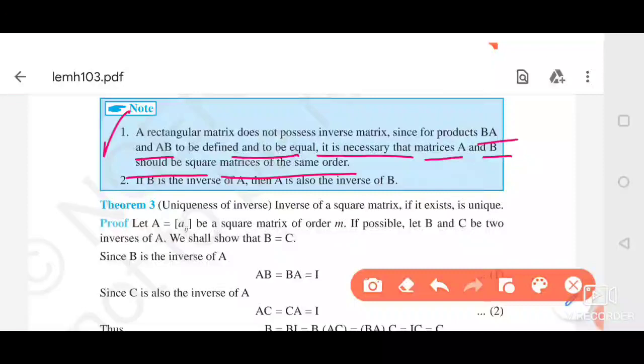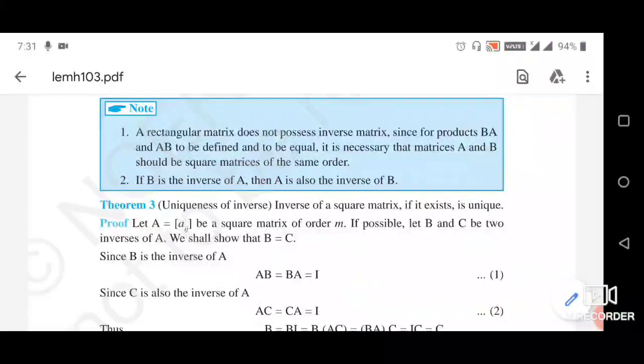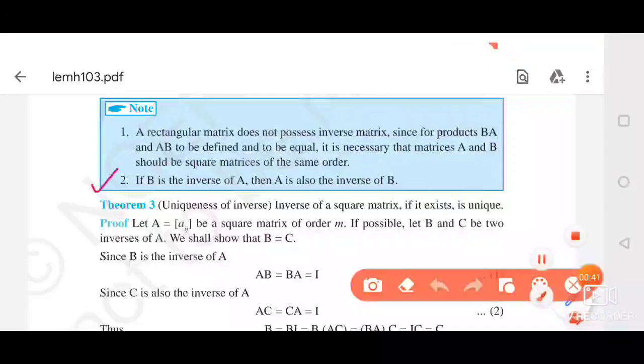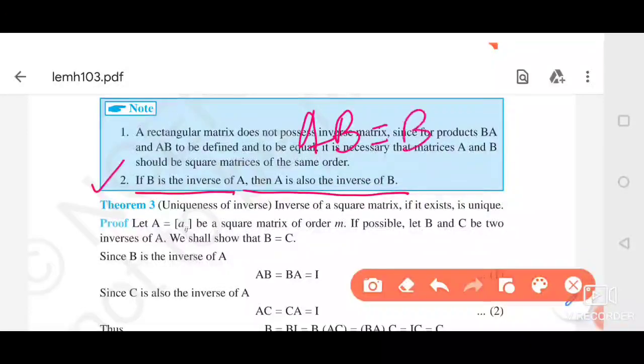That means if A and B are not square matrices of the same order, then they cannot possess the inverse matrix. Point number two is: if B is the inverse of A, then A is also the inverse of B. That means if AB equal to BA is equal to I, then A is the inverse of B, B is the inverse of A.